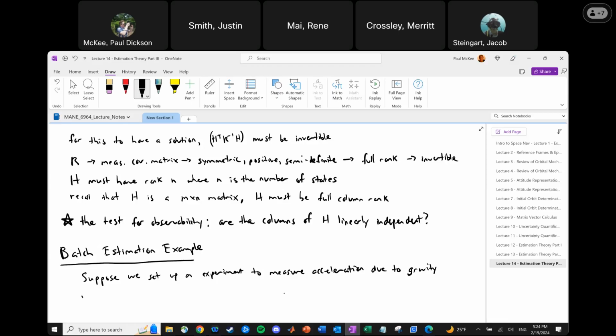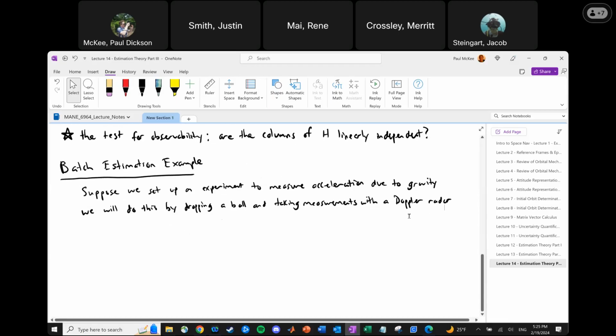We will do this by dropping a ball and taking measurements with a Doppler radar, because that's the simplest way I could think of to measure acceleration due to gravity. Definitely not a stopwatch, but this is going to be useful because we're going to be handling Doppler measurements in the homework assignment. So bear with me. This is going to give us an opportunity to set up an estimation problem that involves Doppler measurements.